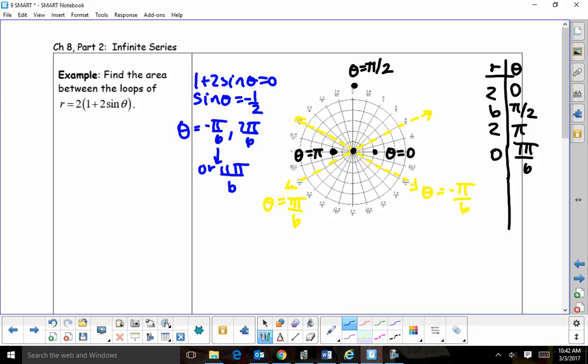Then I can go on to 3 pi over 2, which actually is going to be a negative, how much? 2. So I go back 2. And now hopefully you can sketch this.